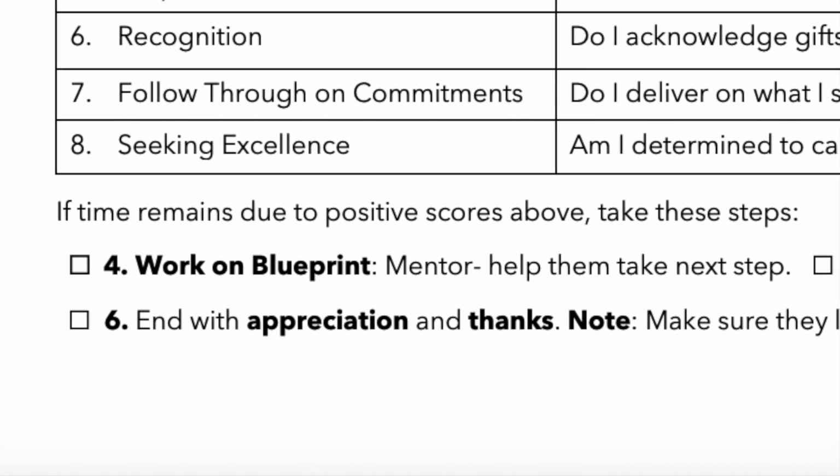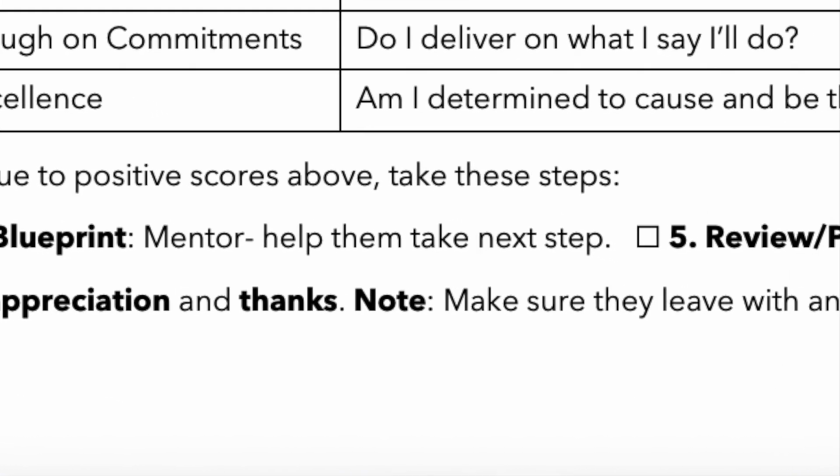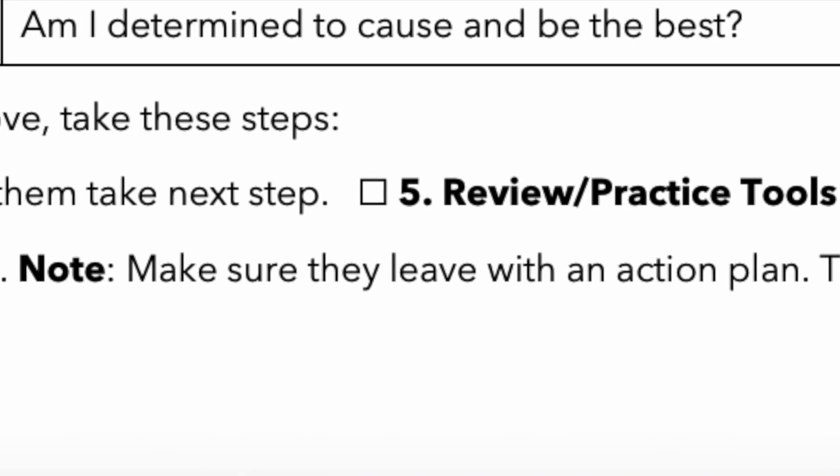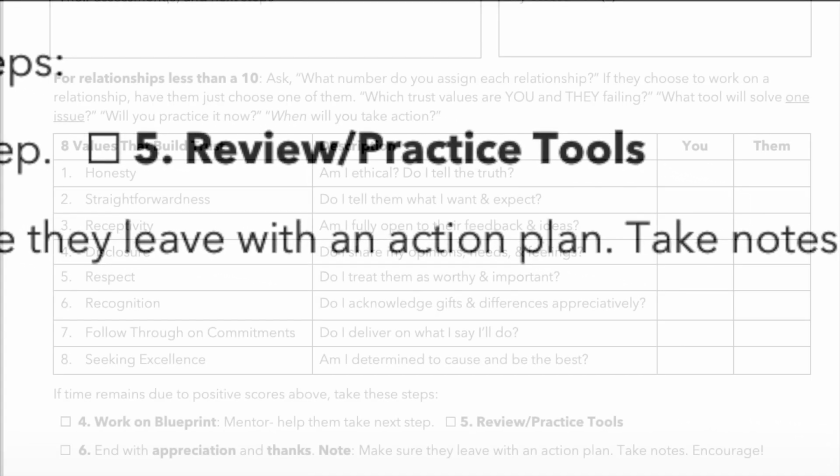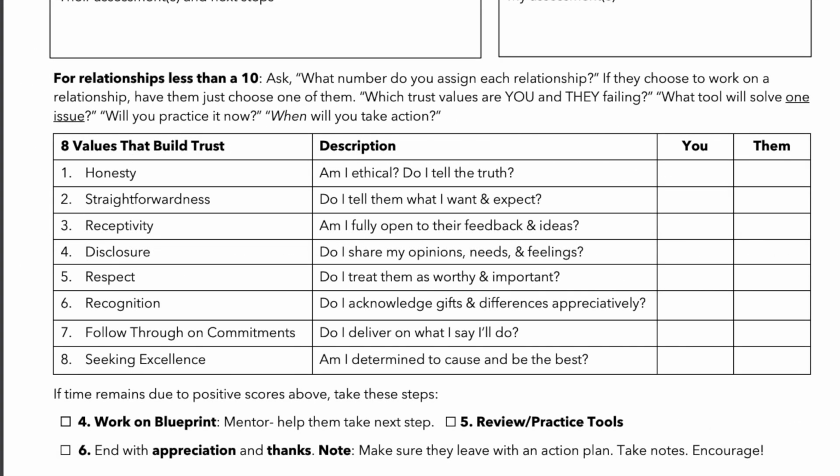Do you want to just practice 1 or 2 of the tools so that when you need them, you're more adept at them? Or do you want to work on anything else, practicing something or discussing something culture related? So those are the things that are possible.